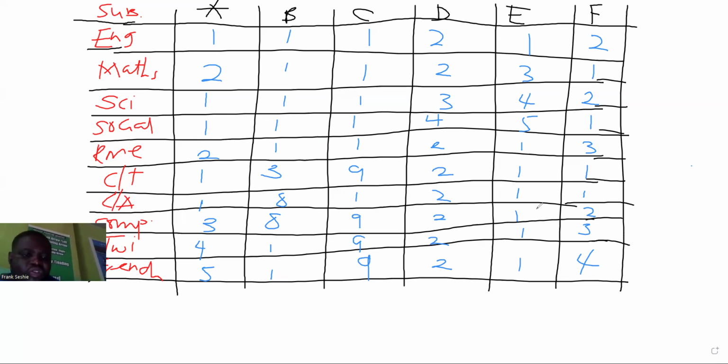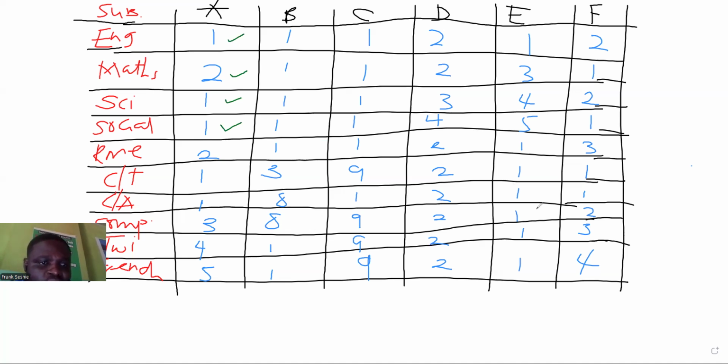Obviously, if you are looking for candidate A's aggregate score, you sum up the score for English, Maths, Science, and Social. So 1 plus 2 plus 1 plus 1 gives you 5.